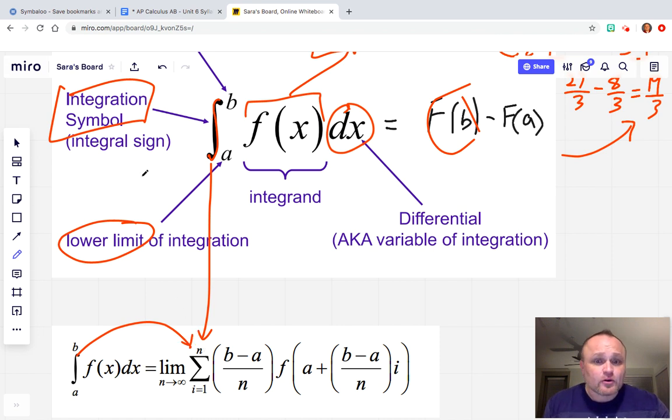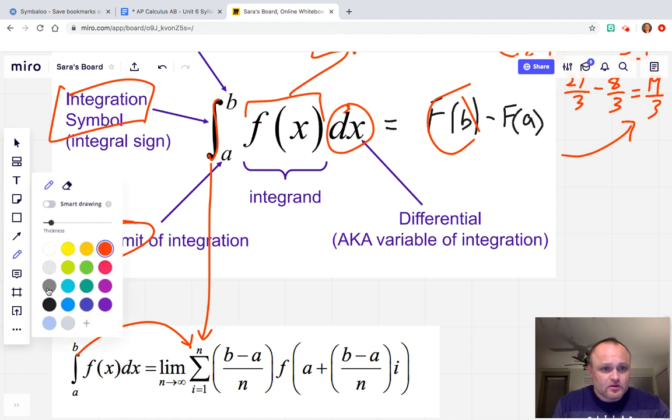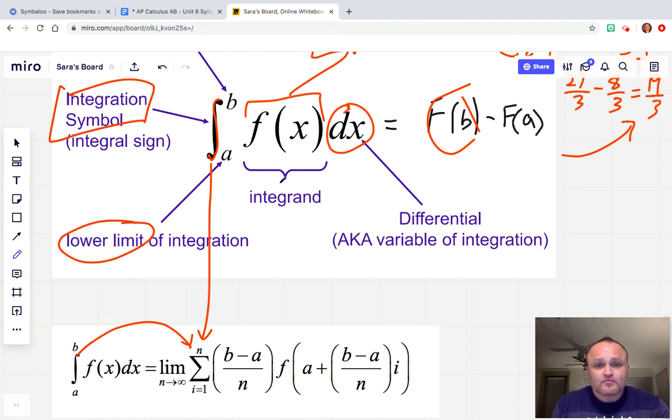And then the bounds are going to basically tell you where you're starting and how far you're going to go, okay? So I know it's been a minute since we've seen this, but back when we were doing rectangles and we were doing the base times the height of each rectangle, and we're adding up all these infinite rectangles together, that's what's happening here, okay?